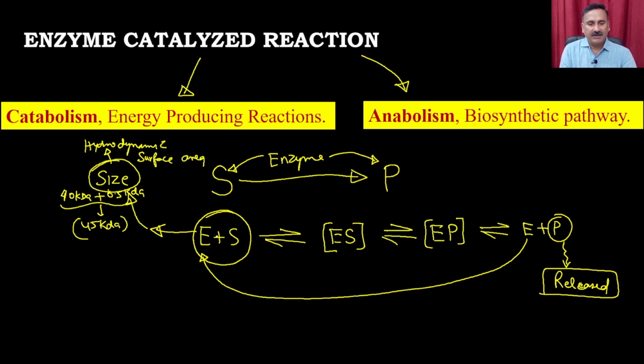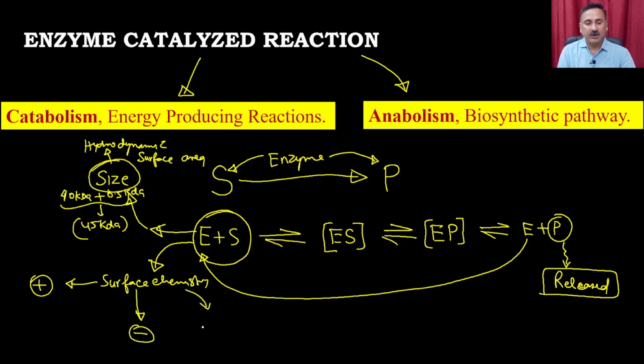Apart from that, when the enzyme and substrate interact with each other, it changes the surface chemistry. It can bring positive charges into the enzyme, or it can bring negative charges into the enzyme, or sometimes it may neutralize the existing positive charges.